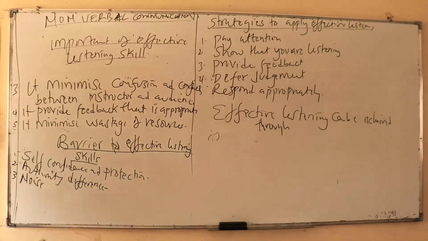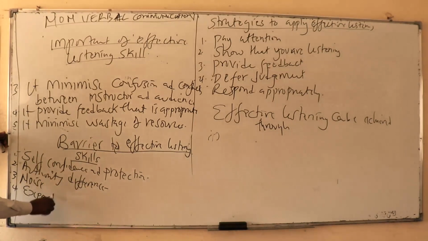Then number 4, the barrier number 4, is expectation of communication.